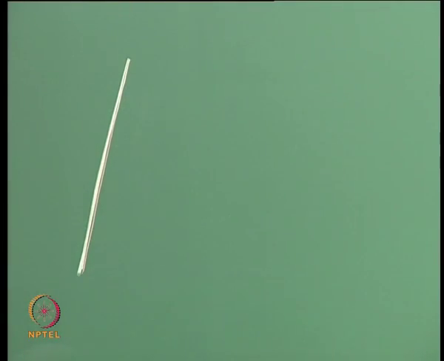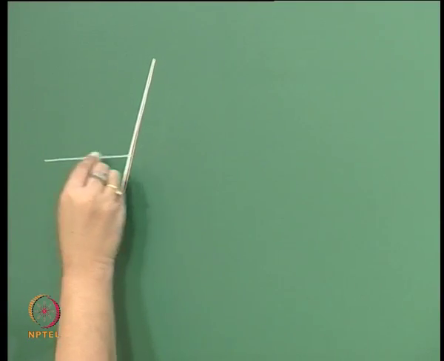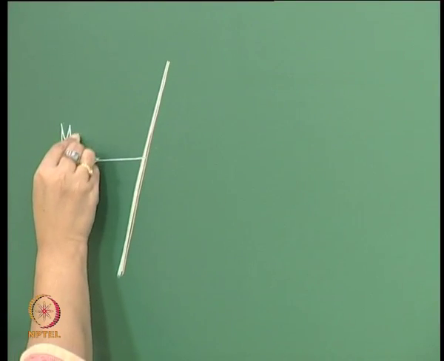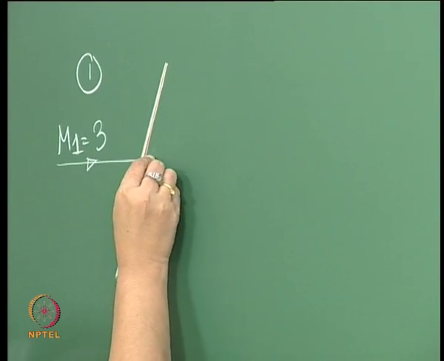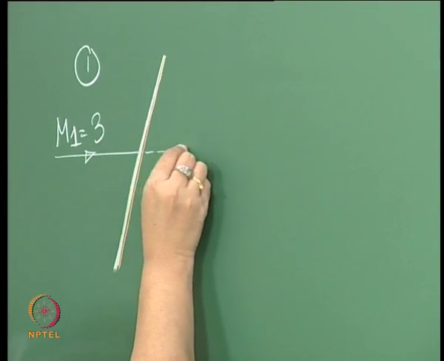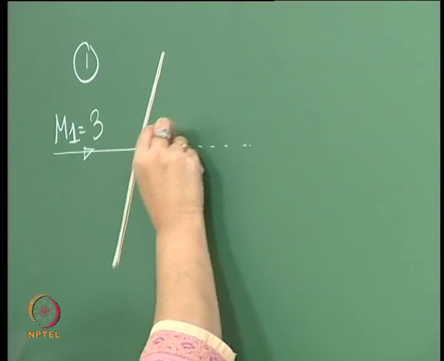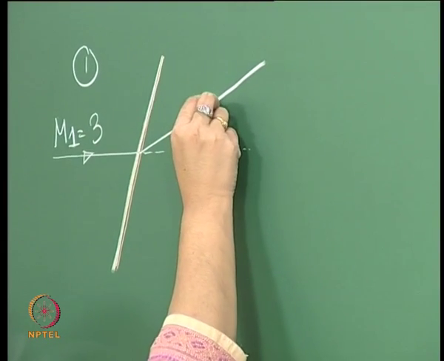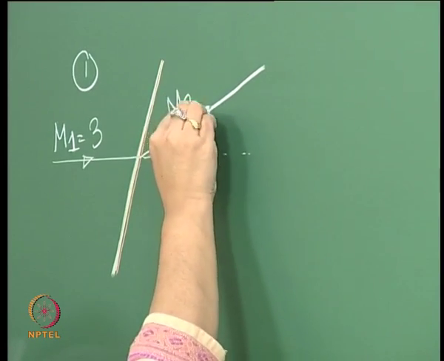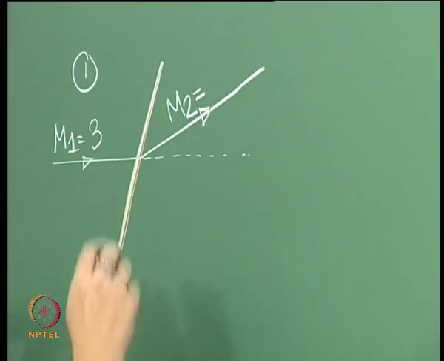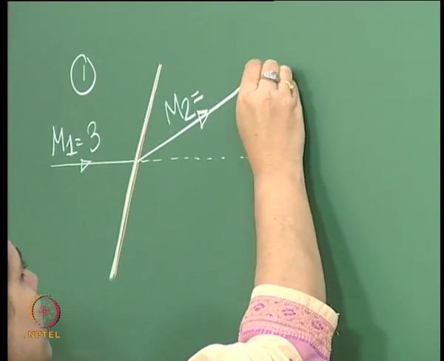Then we had the incoming flow, region 1, which deflects, and this is M2.